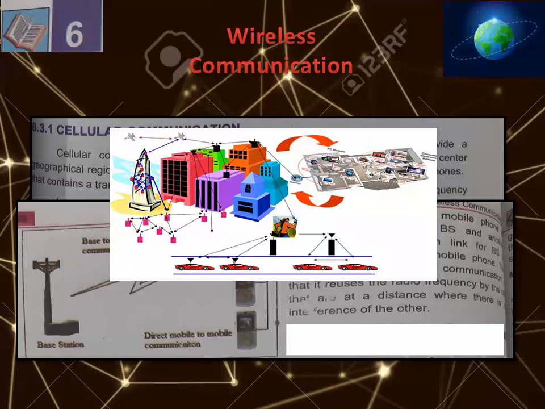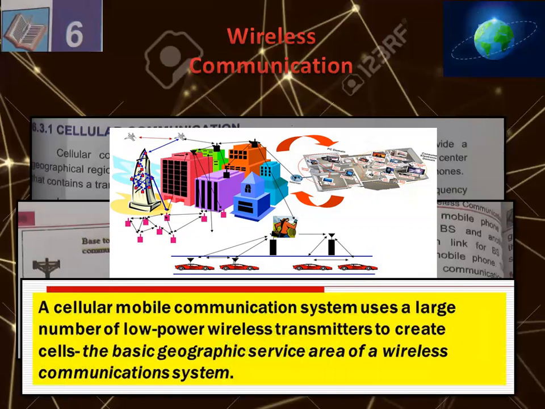We have direct mobile to mobile communication, and then with the help of satellite communication, we can send and redirect the signals, and we can do the communication with the help of this cellular technology and mobile technology. A cellular mobile communication system uses a large number of low power wireless transmitters to create cells, the basic geographic service area of a wireless communication system.